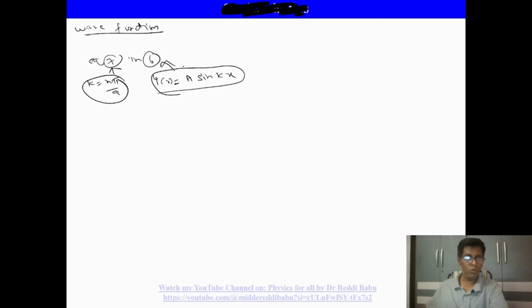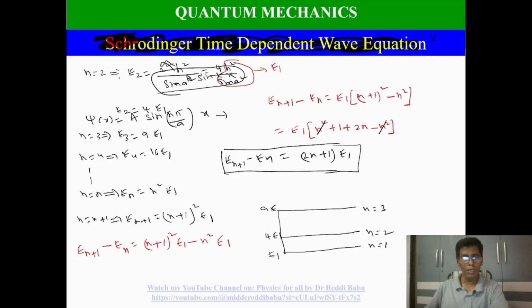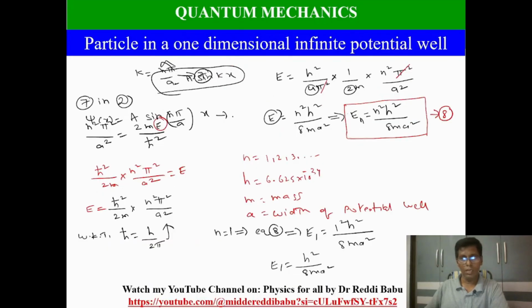Okay. Now what we have to do? Substitute the seventh equation in the sixth equation. So what I will get? Psi of x is equal to A into sine of (n pi by a) into x. This is the ninth equation.